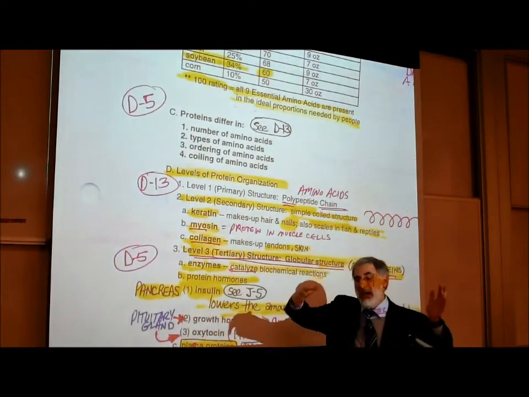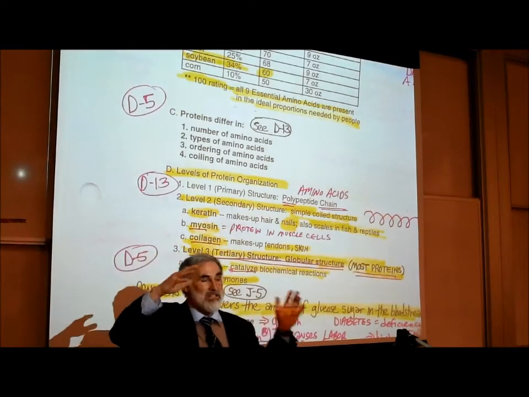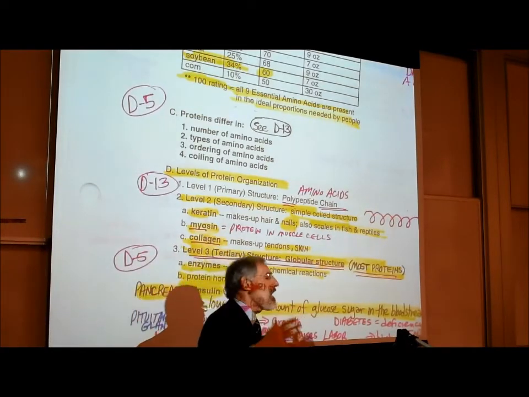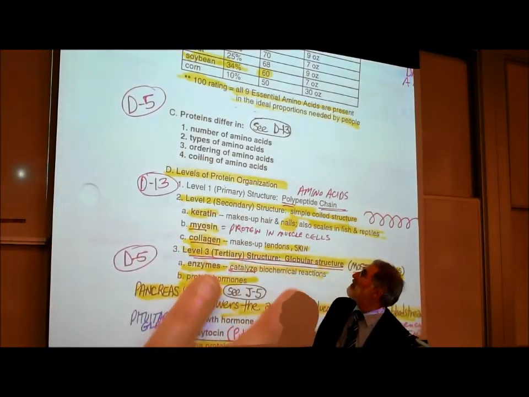Some proteins might be 50 or 60 or 100 amino acids long. Some might be several hundred amino acids long. Secondly, they differ in the types of amino acids.